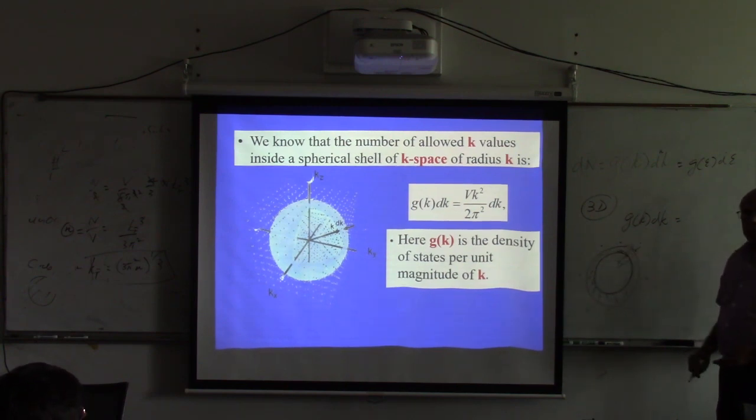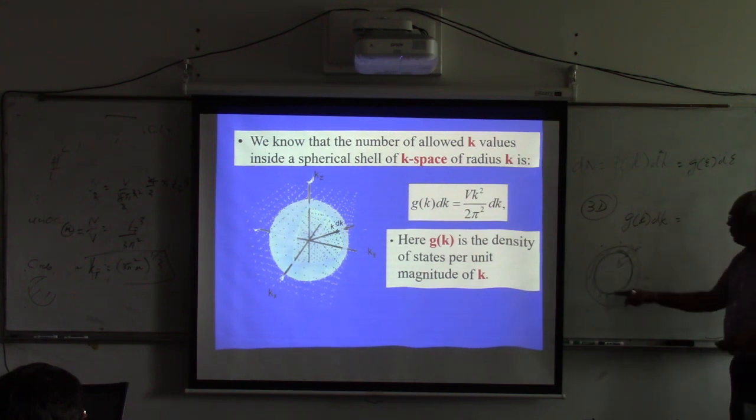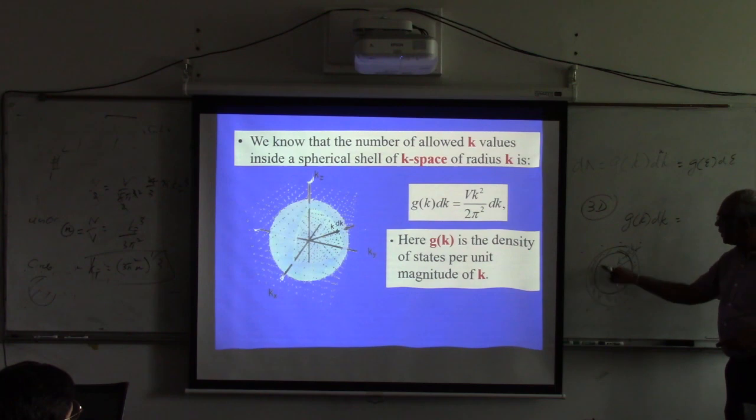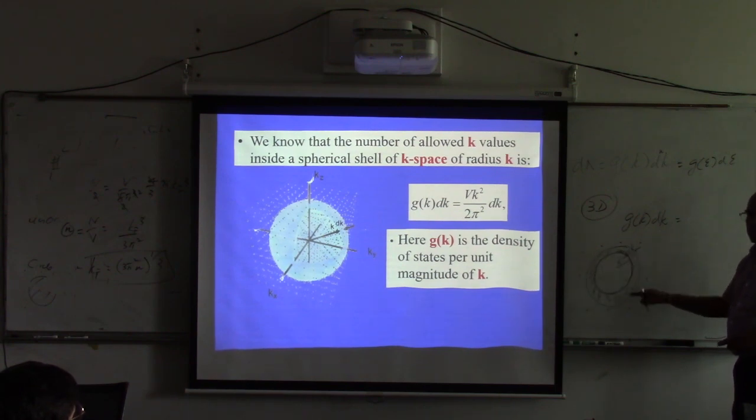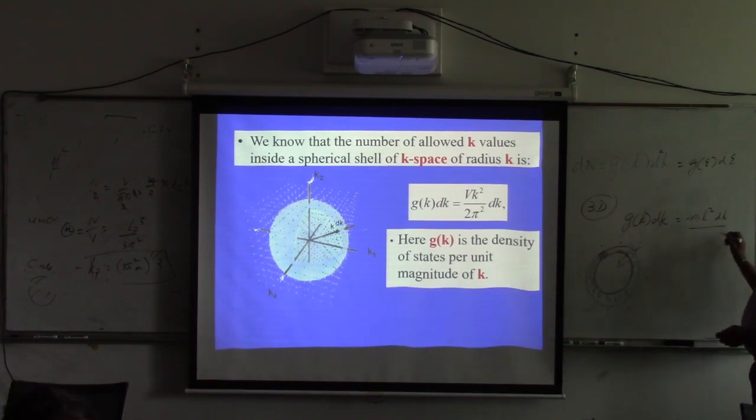So I can write how many states are in this annular region: that's G(k) dk, right? What is the total volume here? The total volume will be the surface area times dk. What is that surface area? 4 pi k squared, times dk. Then we know each k point occupies a volume, so you have to divide by (2 pi over L) to the power 3 in the three-dimensional case.